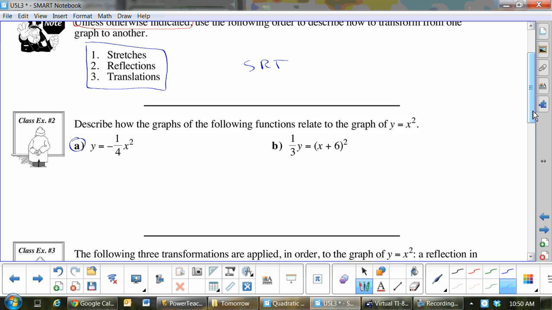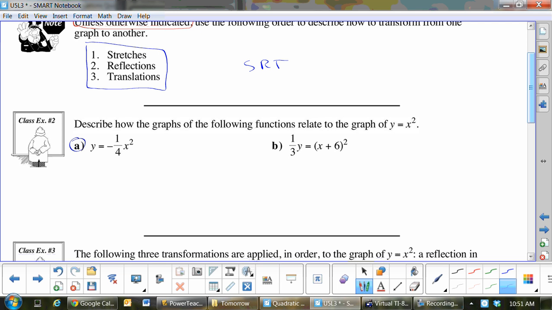Yes. So it would be a vertical stretch by a factor of, not negative 1/4. How much? By 1/4 about the x-axis.